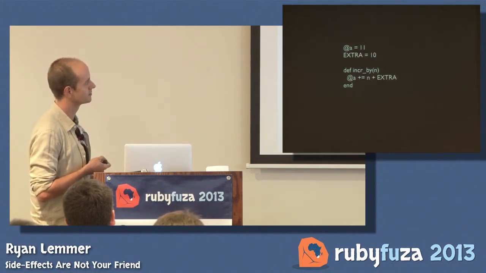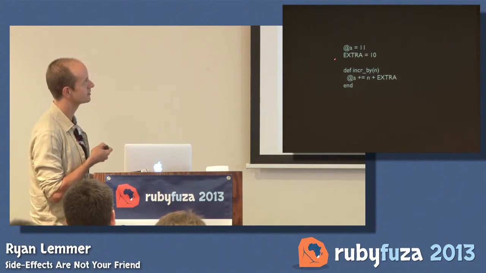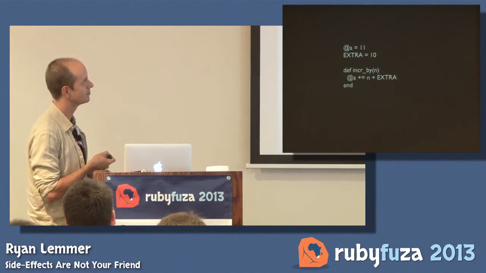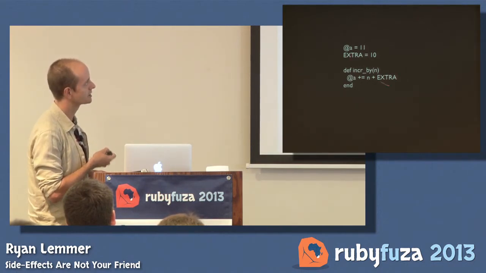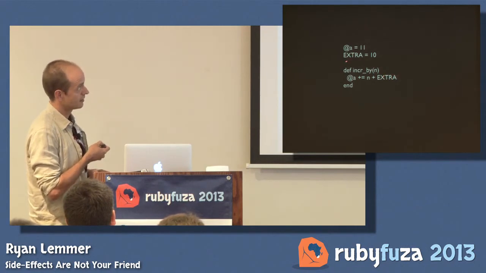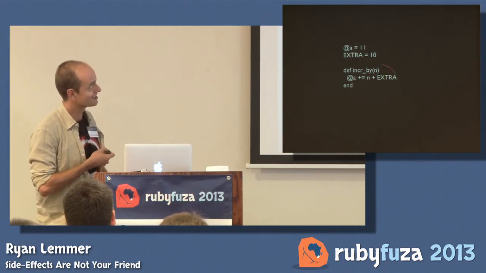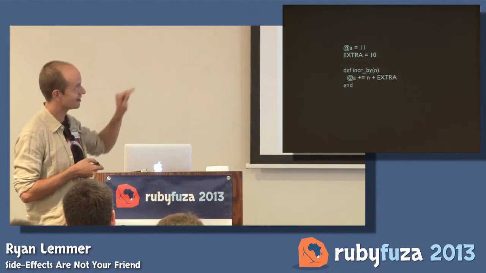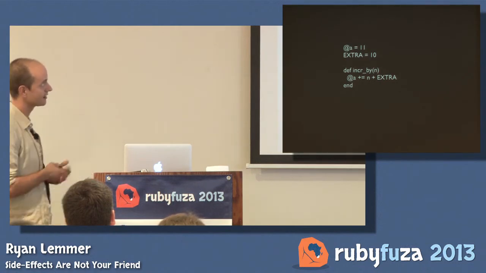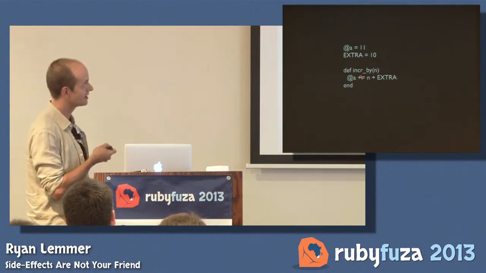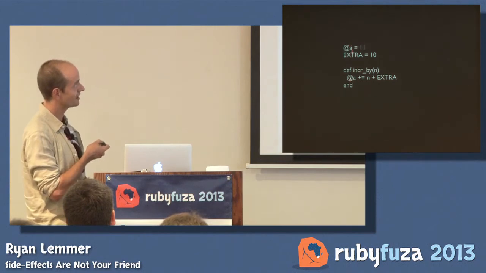Have a look at this one. Now I've got some constant. It's a value. Constant is a value, and I'm using it there. So even though I'm not changing extra, it's a constant, I'm still using it. There are two issues going on here. If you look at A, there's a coupling from here to here.